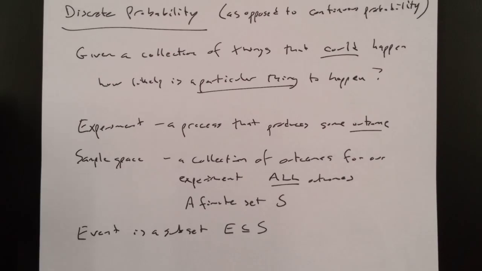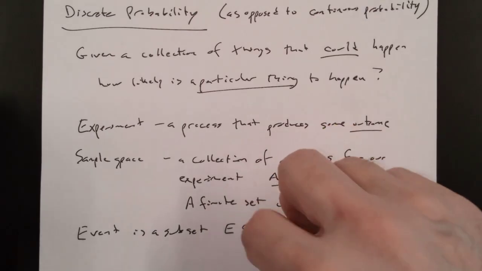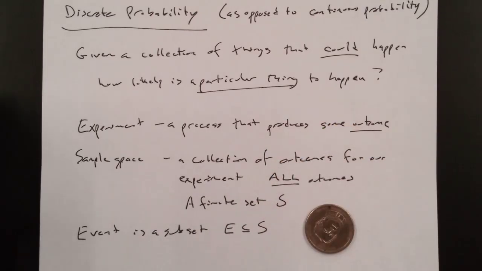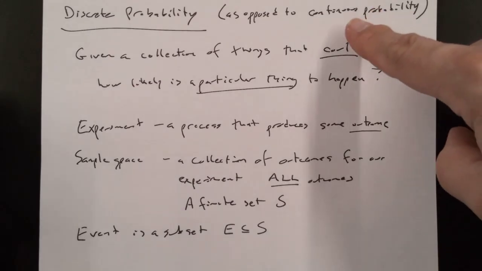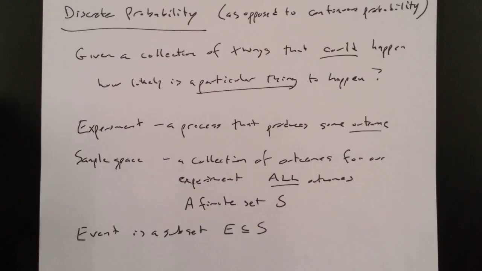But there's a finite collection of outcomes in my experiment available to me. It is possible to deal with infinite sets, whether those are countably infinite or uncountably infinite. But when our sample space is infinite, we're usually talking about continuous probability. I'll save that for Calc 2.